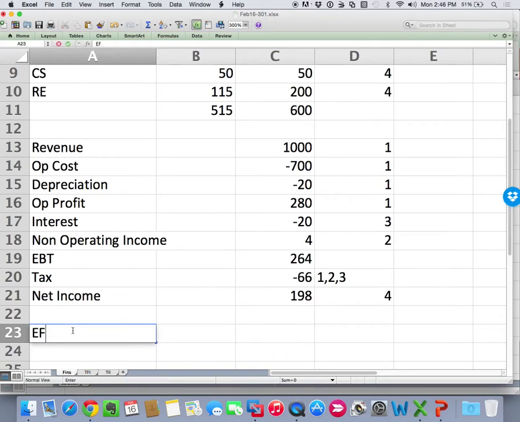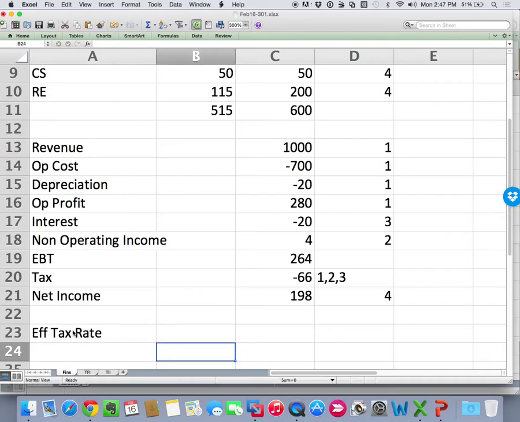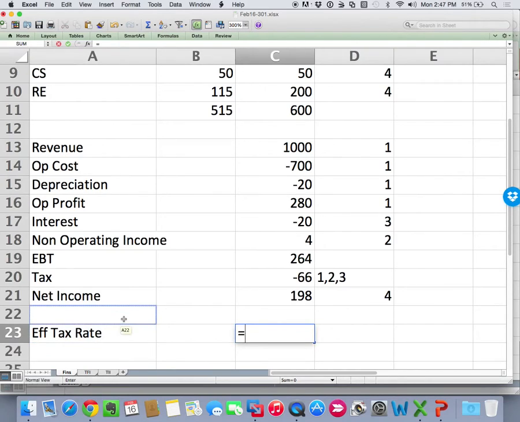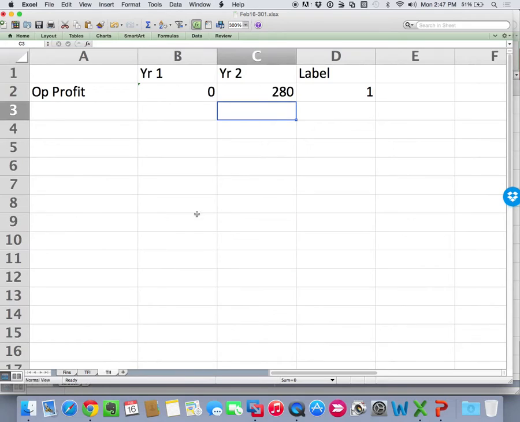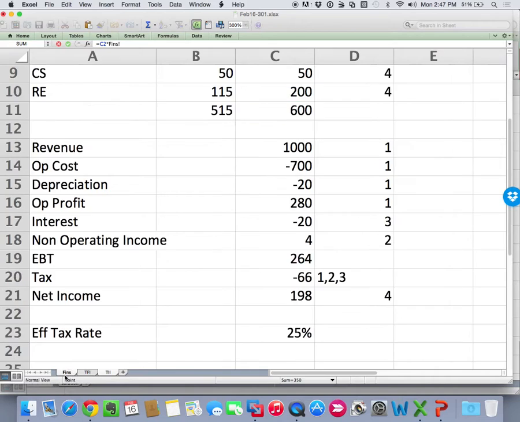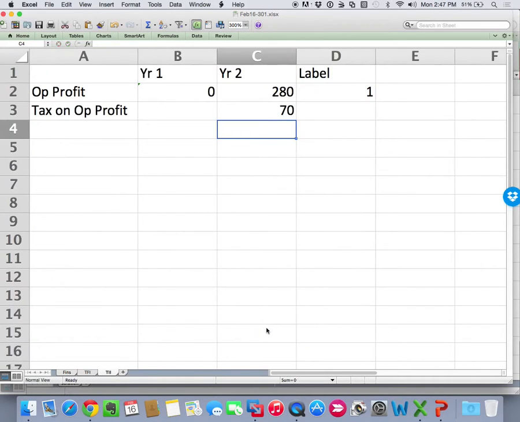So my effective tax rate is going to be the taxes divided by the profit before tax, basically 25%. So what I'm going to have to do is pay taxes on the operating profit, equals 280 times my effective tax rate, which is also the operating taxes.